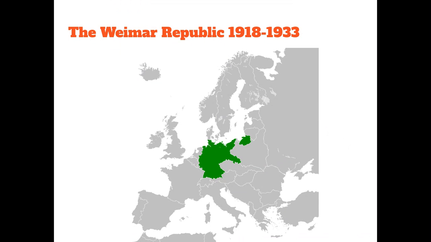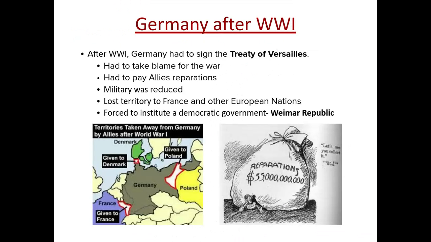All right, so after World War I, Germany is forced to sign the Treaty of Versailles. They weren't really allowed to set the rules or create this document, but they were forced to swallow the pill, if you will. It made Germany do a few things. It made them take blame for the war. This is the war guilt clause here.